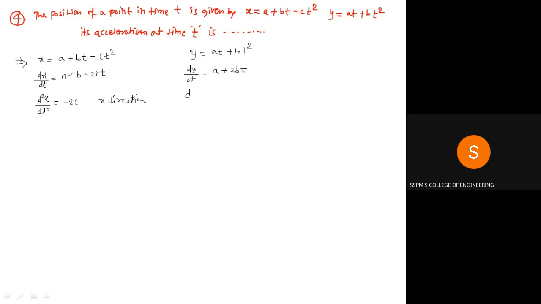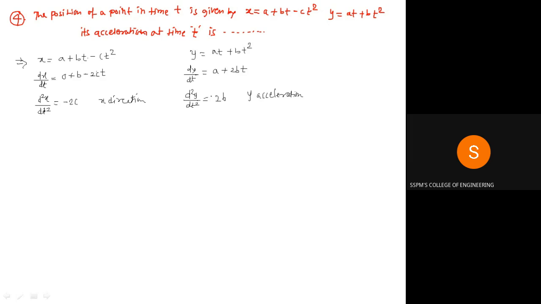Now one more differential is there, that is d square y by dt square. What is the derivative with respect to t? Once again, the derivative of the constant is 0, and then 2b into the derivative of t with respect to t is 1, so it is 2b. This acceleration will be in the y direction.